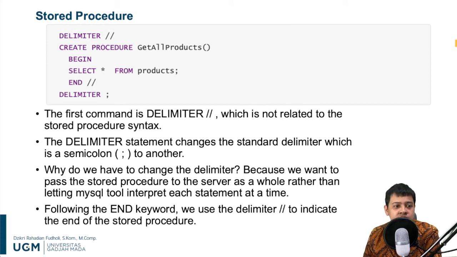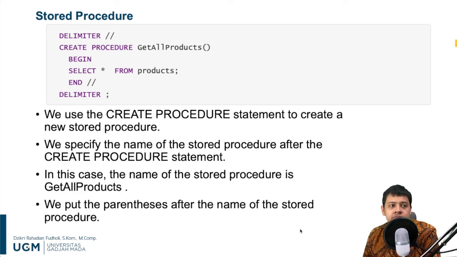That is the reason why we need to change the delimiter. Following the end keyword, we use the delimiter // to indicate that this is the end of the stored procedure.